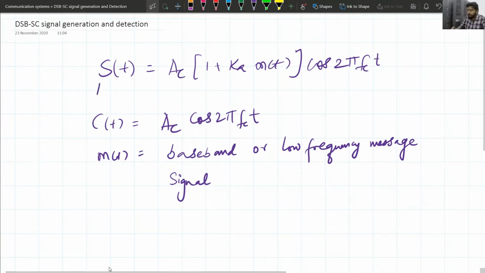So this is the amplitude modulated wave, the definition of the amplitude modulated wave.